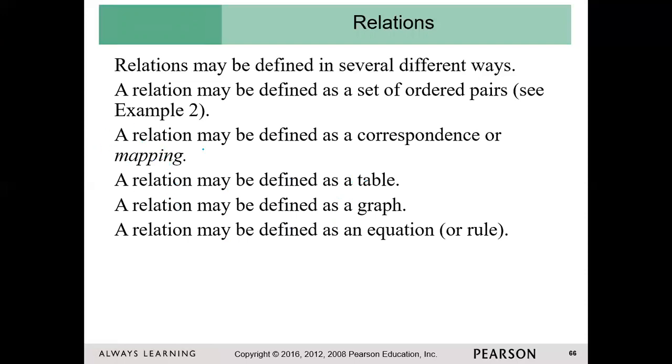And a mapping, for those of you who have never seen one or can't remember what they look like, would be something like this. So if you had an oval with the x's up top, and then you had another oval over here with the y's, and let's say you had 5, 7, and 10 over here.